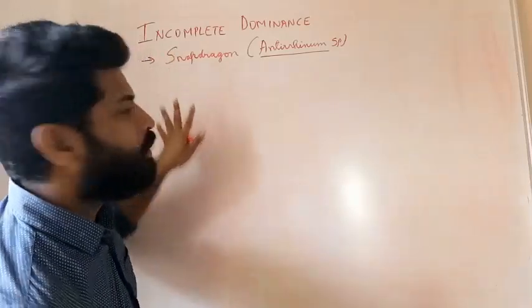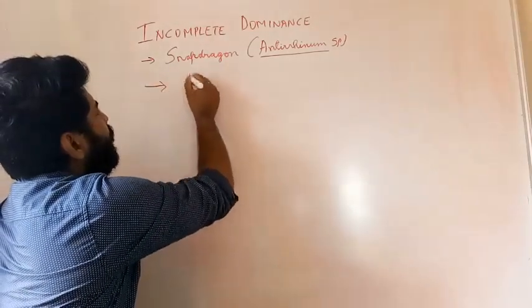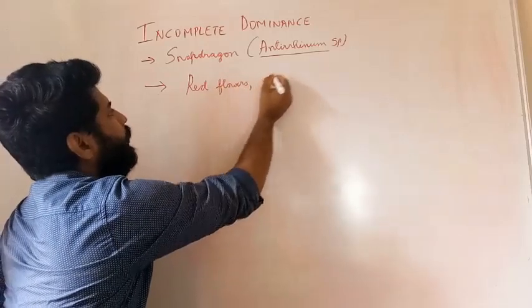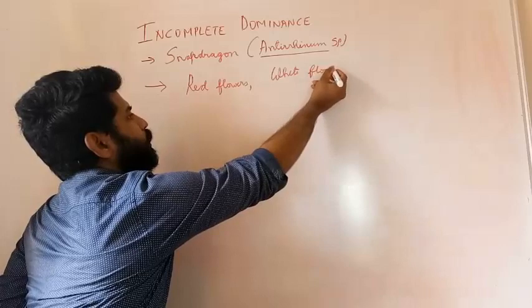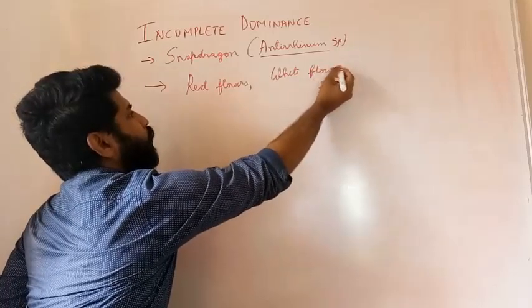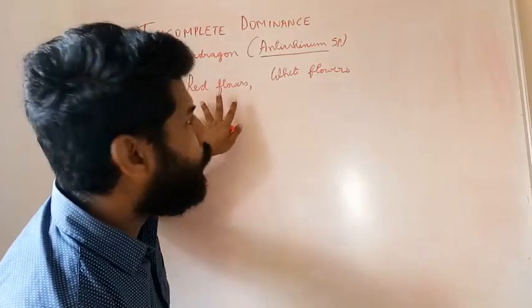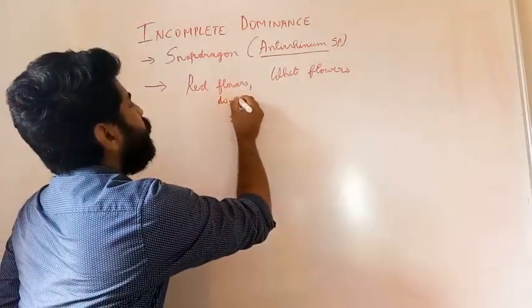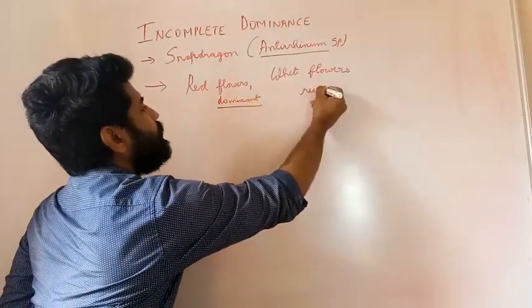Now, this plant produces two sets of flowers, red flowers and white flowers. So this is one pair of contrasting characters. One type of plant produces red flowers which are dominant, whereas the white flowers are recessive.